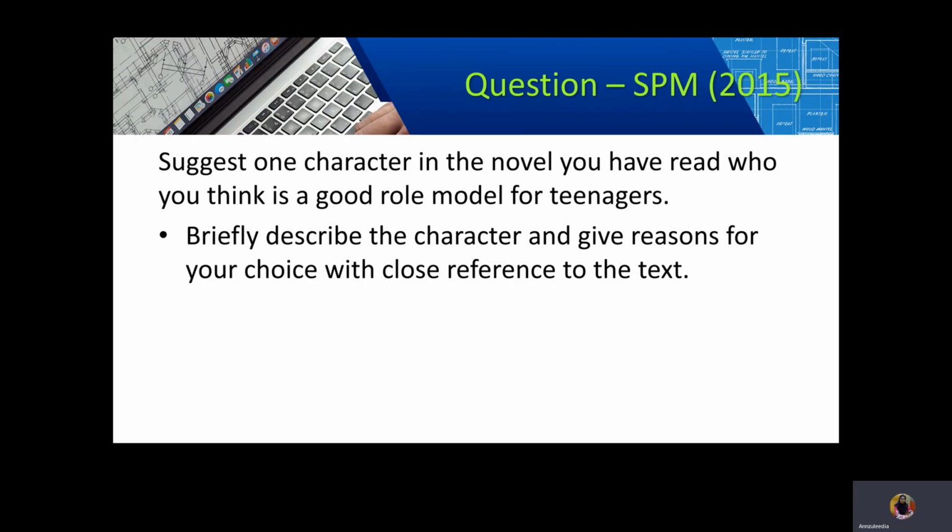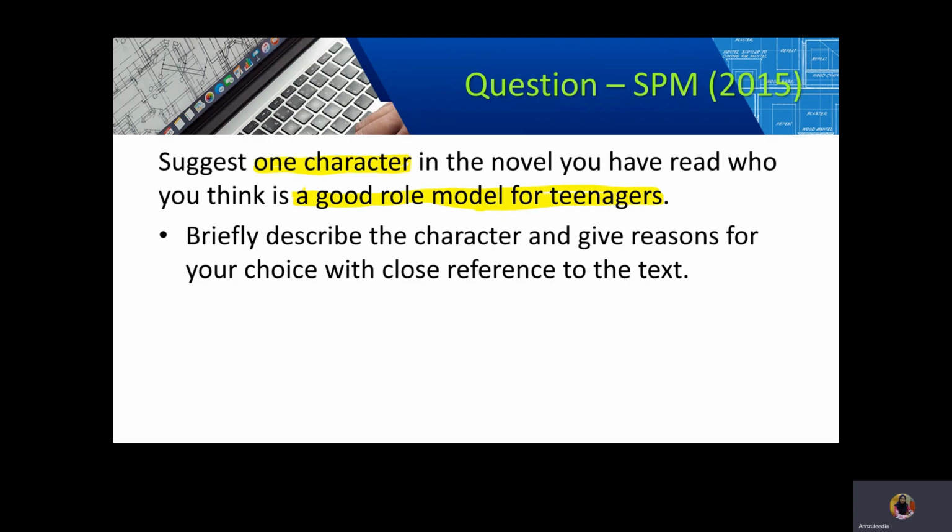The first one would be, we're looking at one character. Not just any particular character, but a character who will be a good role model for teenagers. So we're looking for a character that will be a good role model for teenagers.